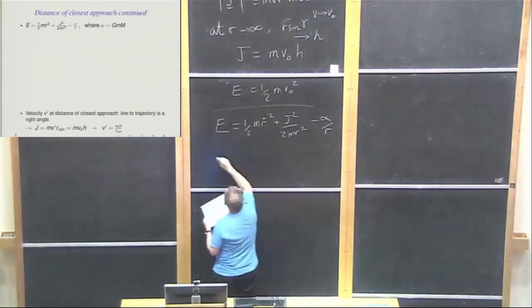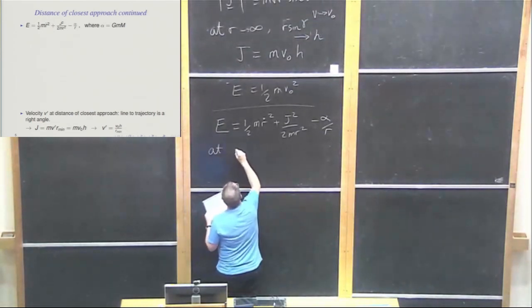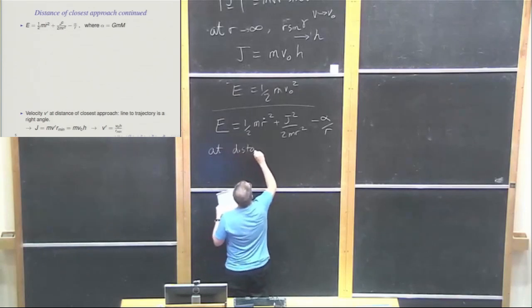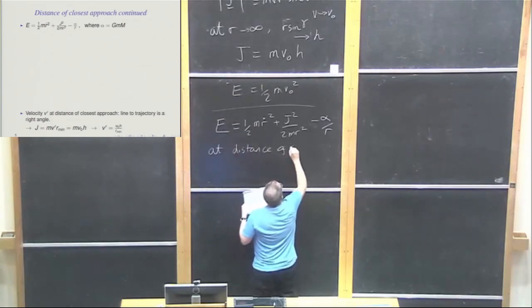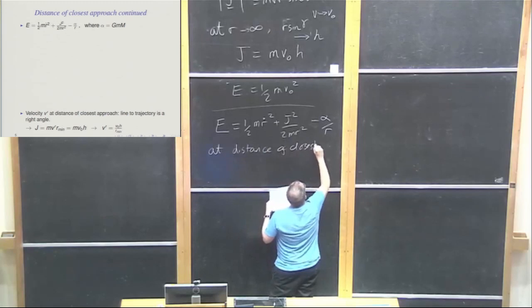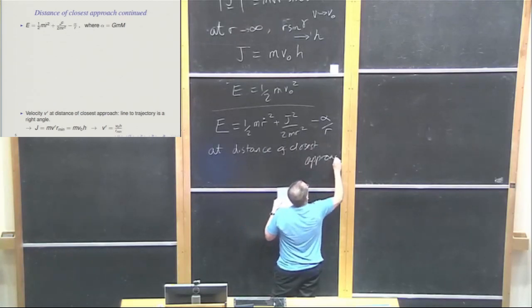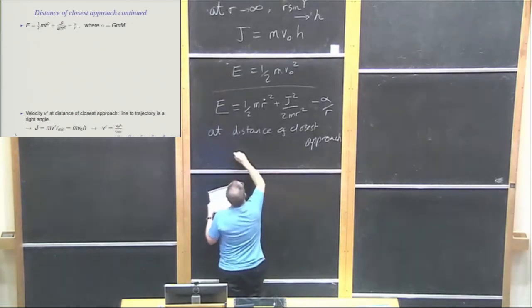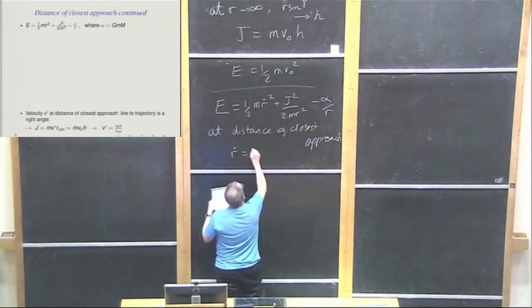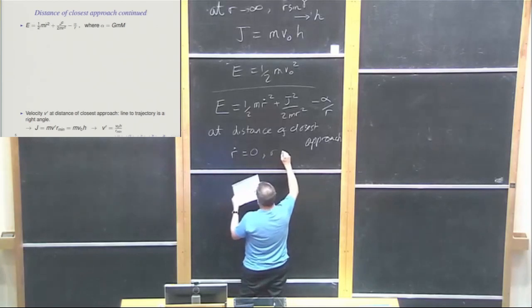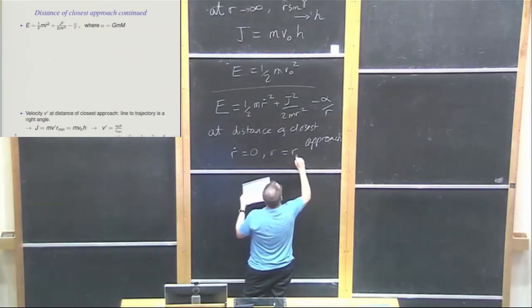At the distance of closest approach, or perigee, we have that r dot equals 0, and we'll define that as r equals r min.